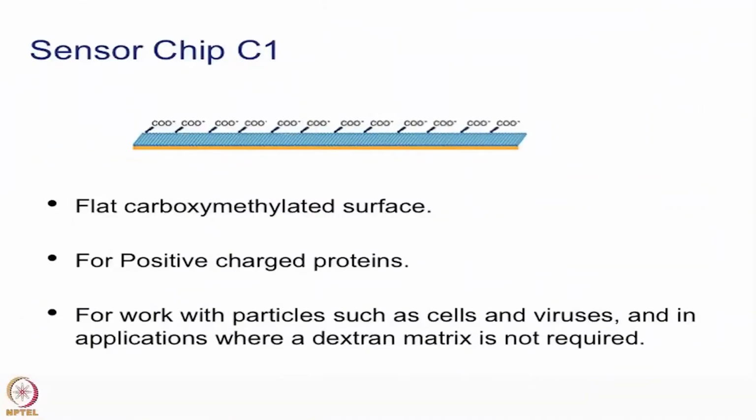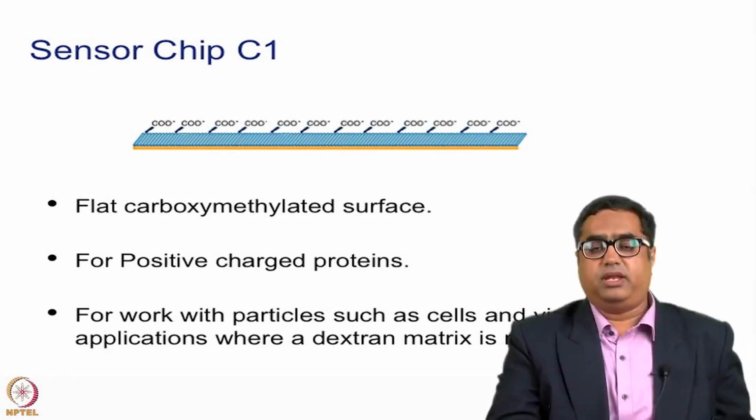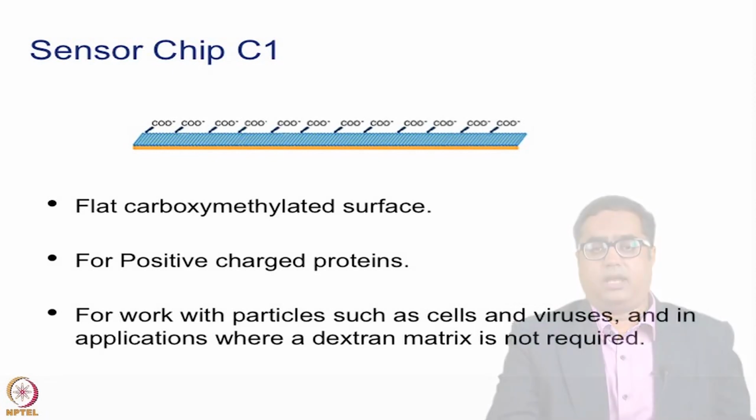Coming to another sensor chip, the C1 sensor chip. C1 does not contain any dextran; it is a flat bed of carboxymethylated surface, very good with positively charged proteins, and can be used with cells and viruses for total immobilization. It has been used in the literature for immobilization of bacterial and mammalian cells, and is useful for studying interactions at the cellular level.